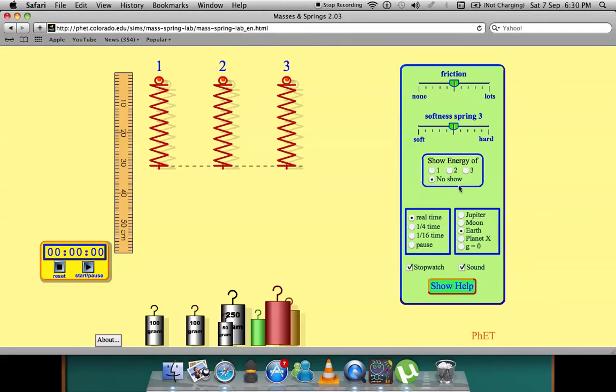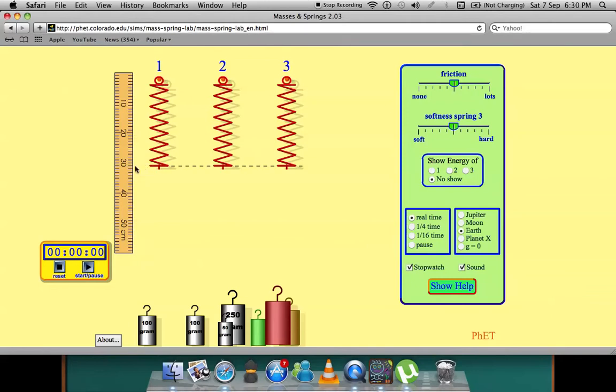Let's just attach a 100 gram mass here. Originally, when it was unloaded, you can see that the spring was somewhere at this point.